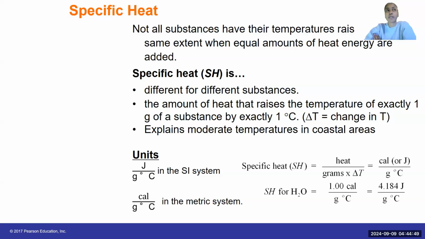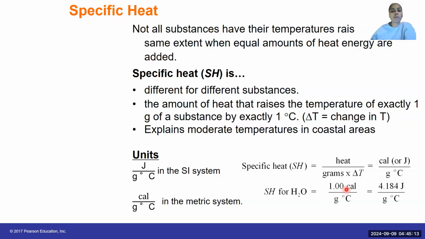Now notice that there's a change in temperature, right? 1 degree. That is equal to the change in temperature. So the specific heat is the heat divided by the mass of the substance times the change in temperature. And that heat can either be calories or joules. When we're looking at the specific heat of water, that's equal to 1 calorie.